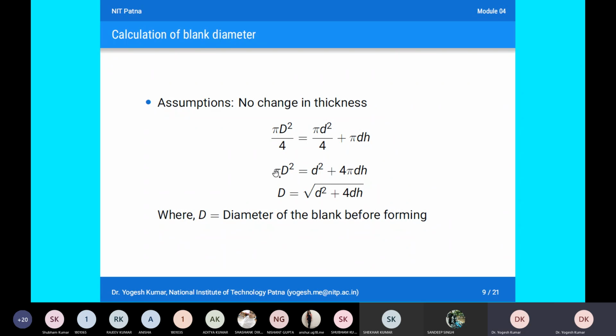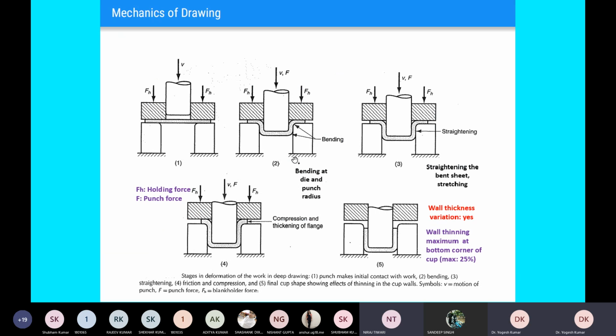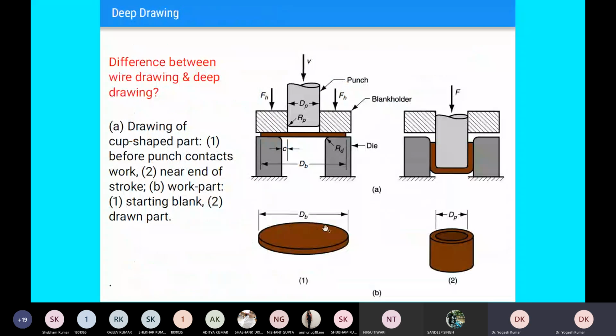From where has that first equation come? You are saying that we are equating the volume from both ends. Yes. Here you can see this is your initial blank.